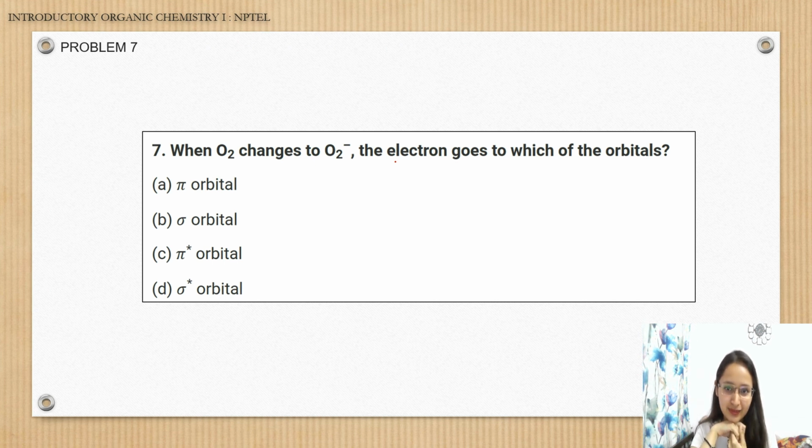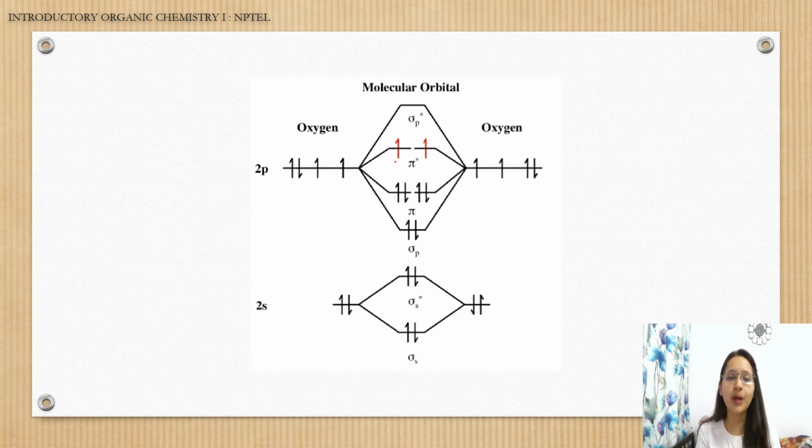So O2 will be having twelve valence electrons. But the electrons that oxygen possesses in total is 16, right? I'm not calculating only the valence, I'm also calculating the whole number of electrons that it would be having. So the oxygen molecule in total will be having 16 electrons. Now you have to know about the molecular orbital diagram.